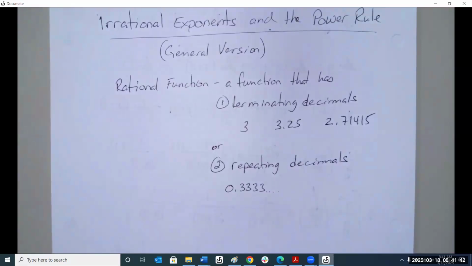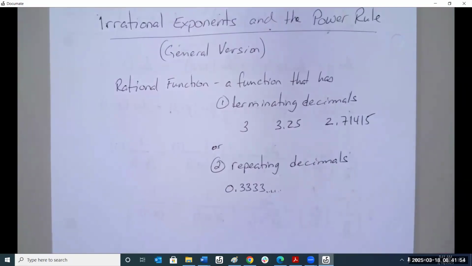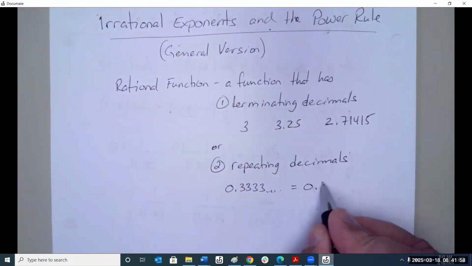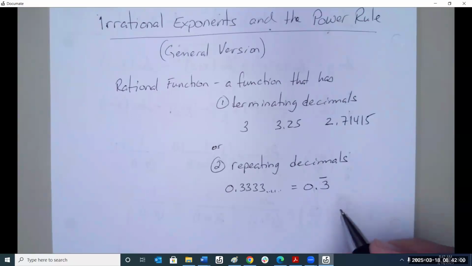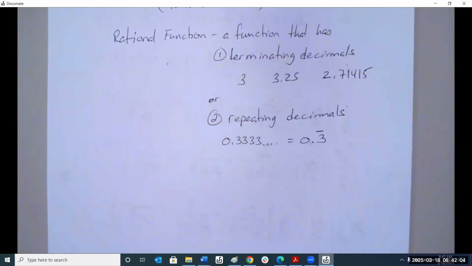Point 33333. Yeah, it's boring writing all those threes. In mathematics, we have a shortcut. See all these dots at the end? That means it goes on forever. If a number is repeating or a pattern is repeating, we put a bar over it.